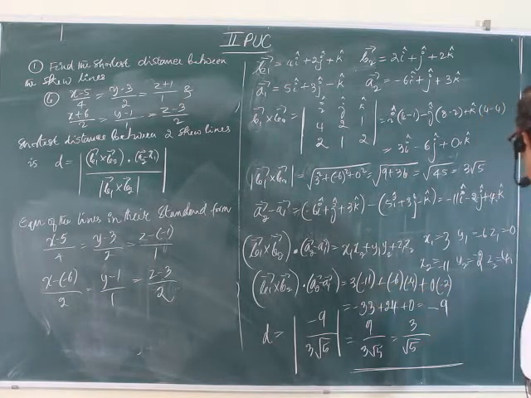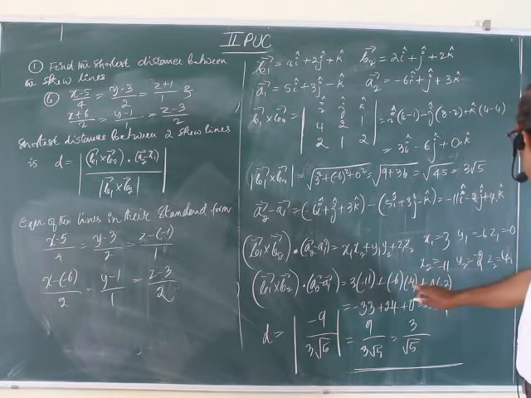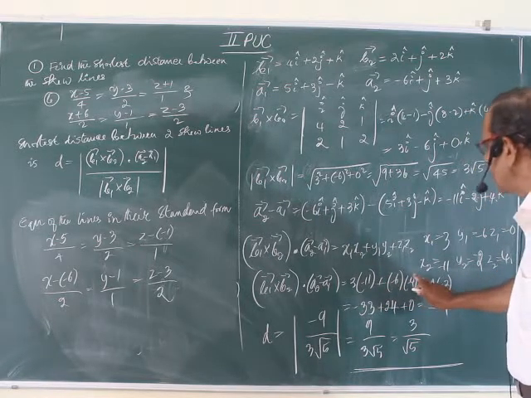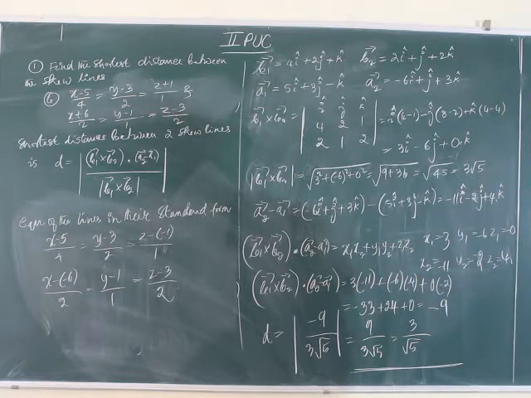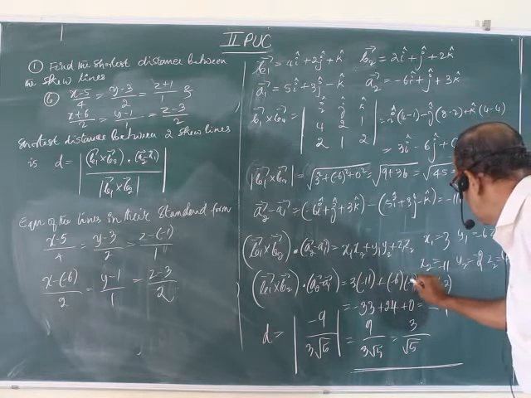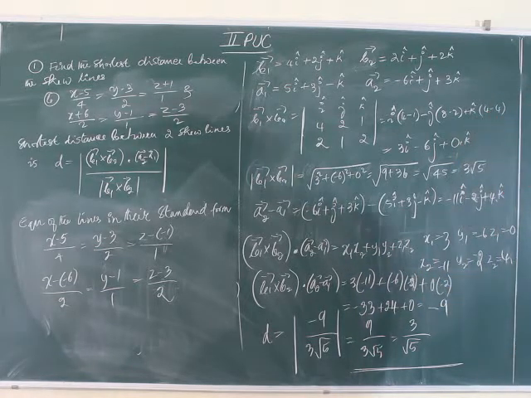Now the dot product: 3 into minus 11, minus 6 into minus 2, and Z1 into, it is actually 0, no problem.